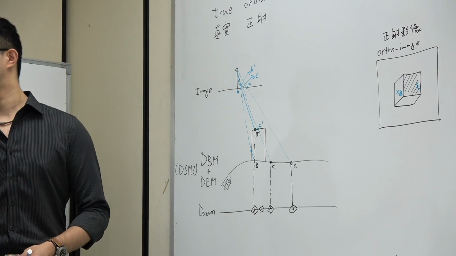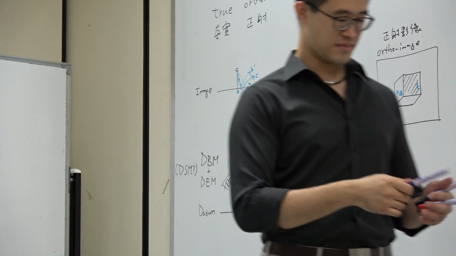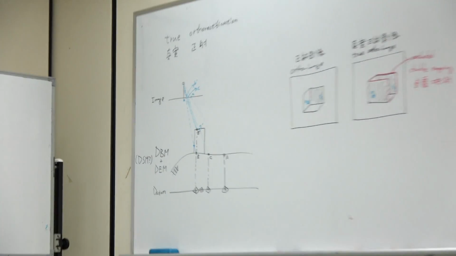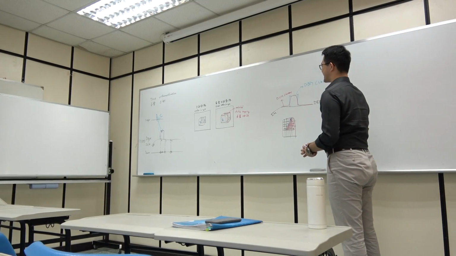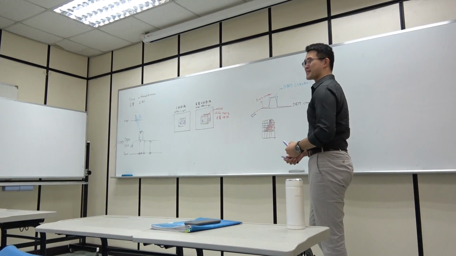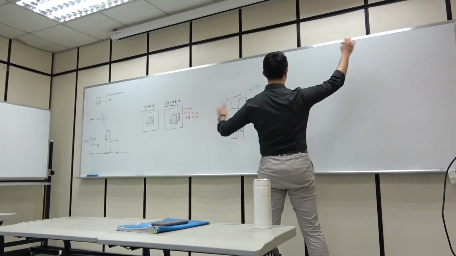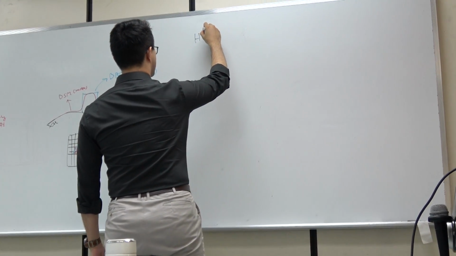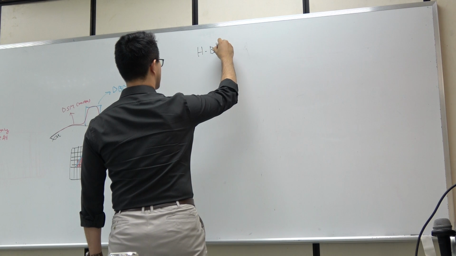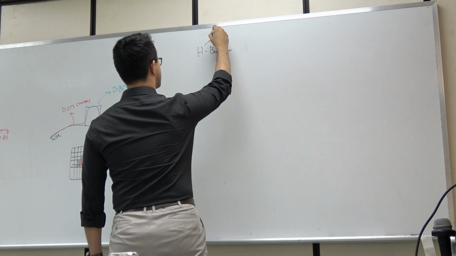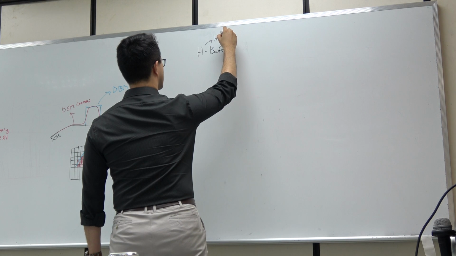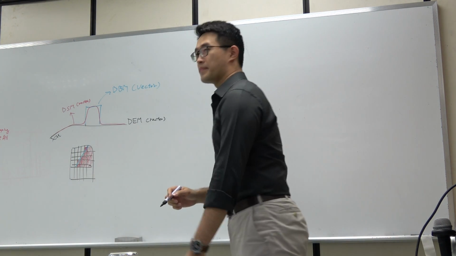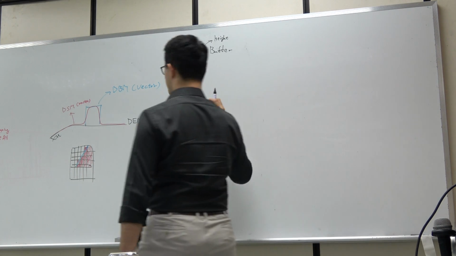This solution has a name, which is called the H buffer. H indicates height. So let's explain this first.